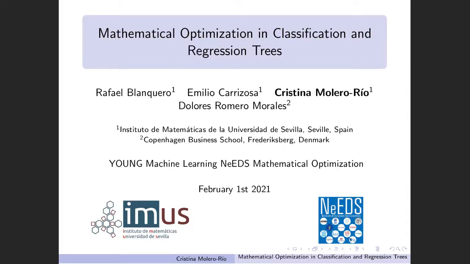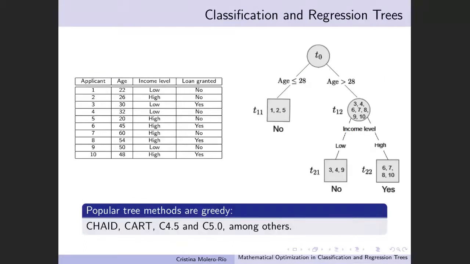Okay, Sinia, thank you for the introduction, and hi, everyone. This research I'm going to present today is a joint work together with my supervisors. So let's start by recalling how classification and regression trees are traditionally built.